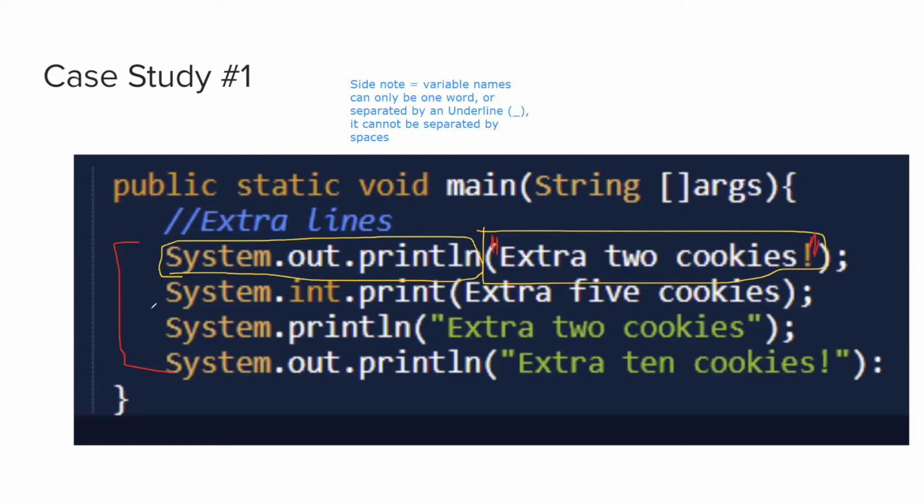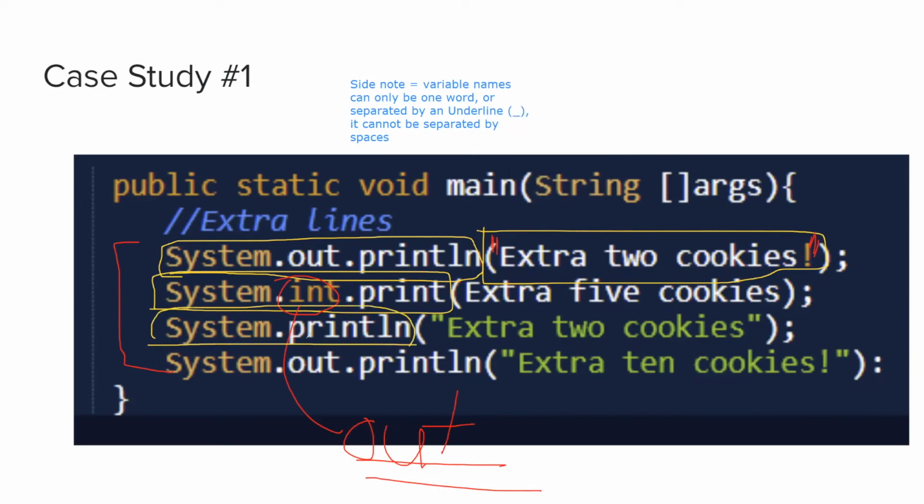Okay. So the second one, system.in.print. Right here, you can see a problem. In is not a thing. You can only go out. That's the only option we learned, out. So that's the error in line 2, okay? And then in line 3, let's look at the beginning again, system.println. There's an error here. You don't have the dot out. It's similar to system.out.